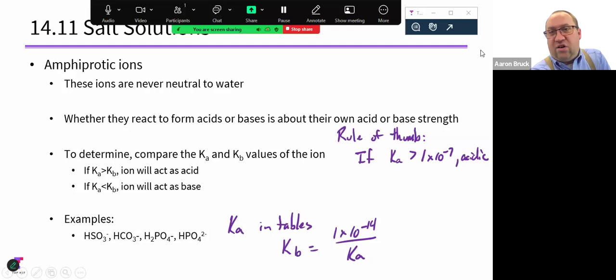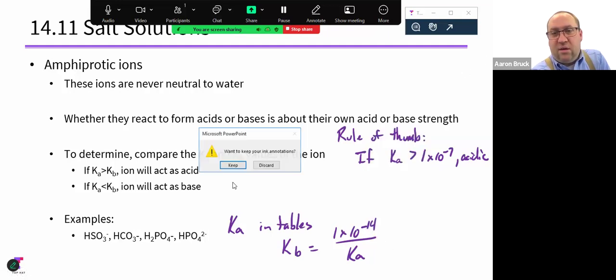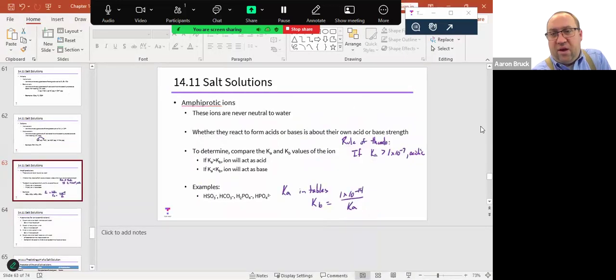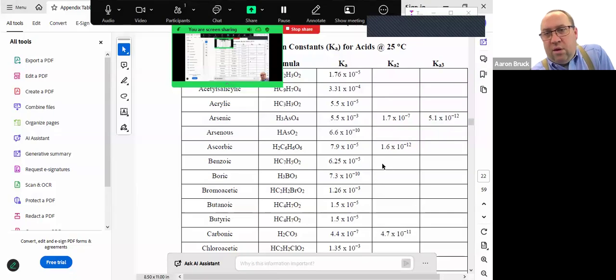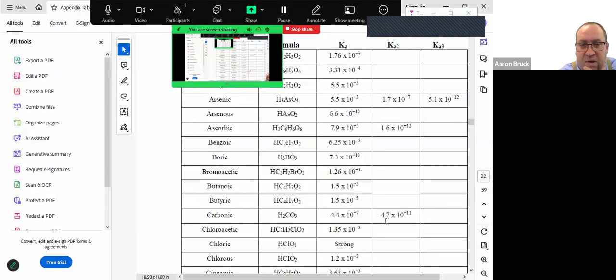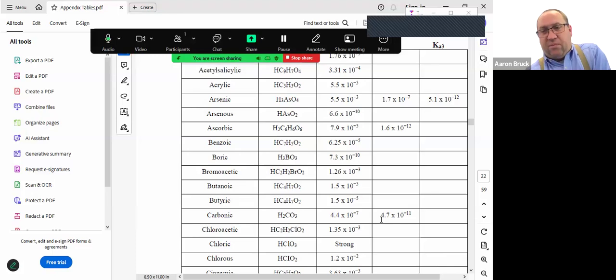And the rule of thumb generally works out okay for us because, if we come back to, here's carbonic acid, for example.